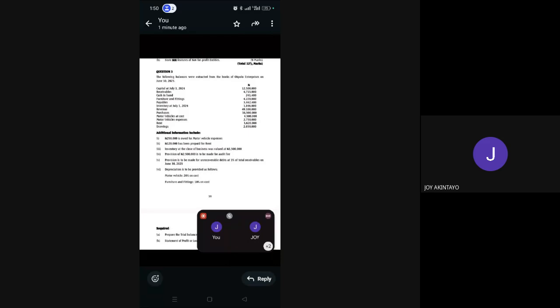So receivables, what's receivables to us? Is it an asset or a liability or an expense or an income or equity?